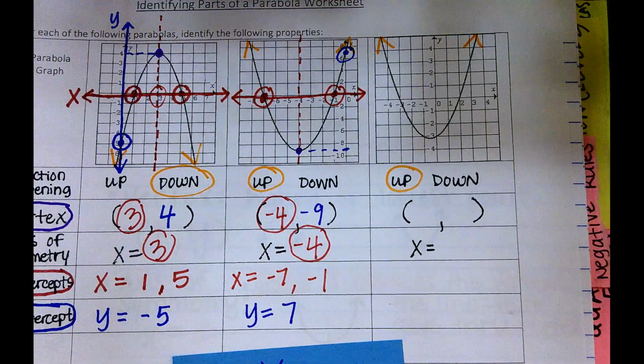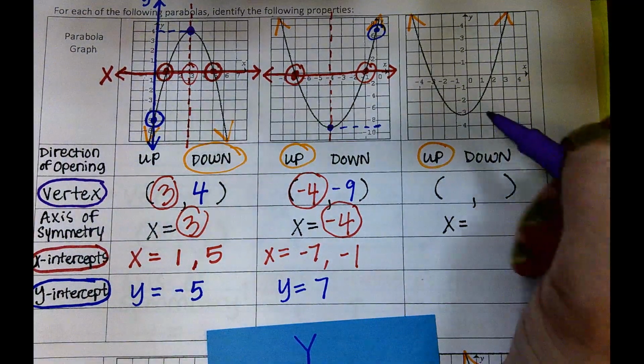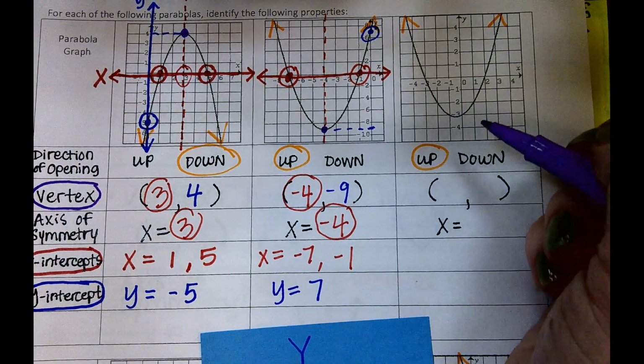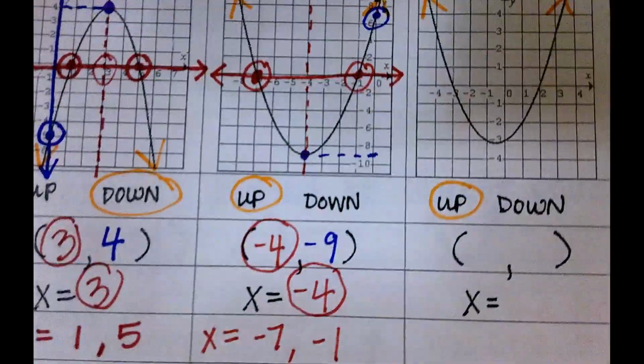Okay, let's do one more together, and then I'm gonna have you try the bottom 3 on your own. Okay, our direction of opening is up for this one. This is a really bad vertex. I won't give you one like this.